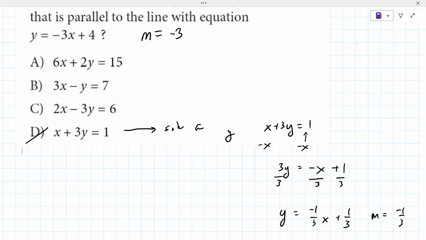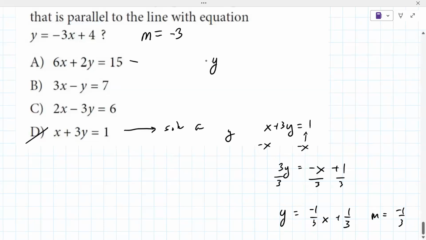So pick one, just solve for y and let me know what you come up with. A is 15/2.